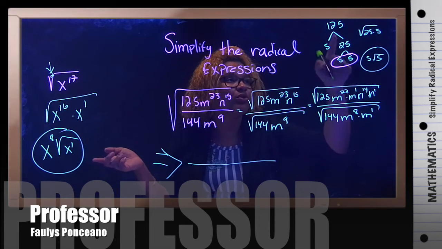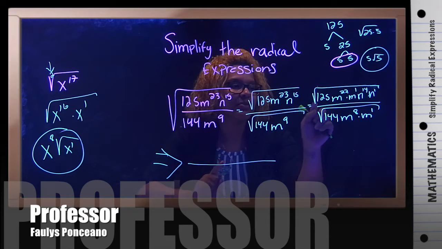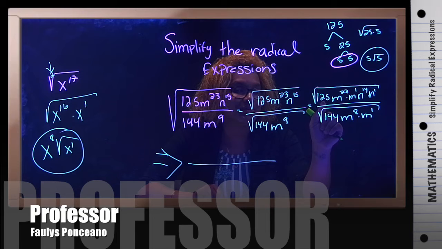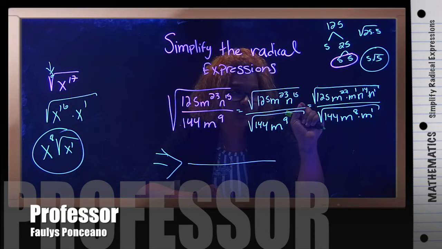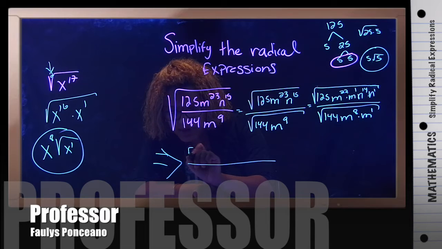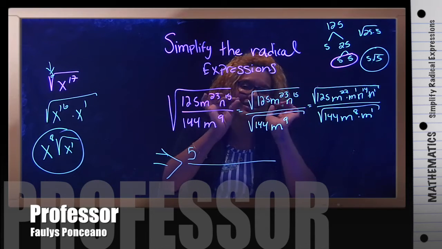Okay? So that's from 125. But let's do one step at a time. 125 simplifies to a 5 that comes out and a 5 that stays inside. So I'm going to write my 5 that comes out. The 1 that stays inside, I'm not going to worry about it yet.